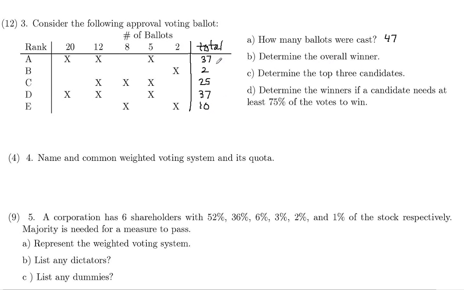So overall winner, we've got a tie, 37 to 37. Okay, so it's a tie between A and D. Okay, so it's possible to have a tie. Top 3 candidates, so we had 37, 37, and then the 25. So that would be A, D, and C.